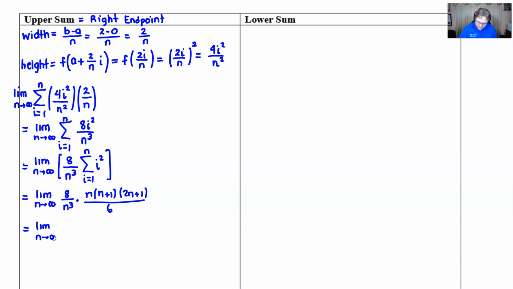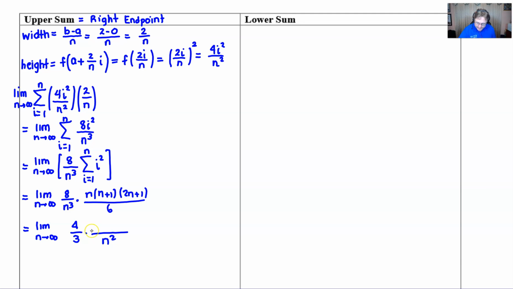This is where we can really save a lot of time. For instance, I could do some very quick simplification on this and call this 8 a 4 and call this 6 a 3. And then I can cancel n over n cubed, where I would have maybe an n squared on the bottom.